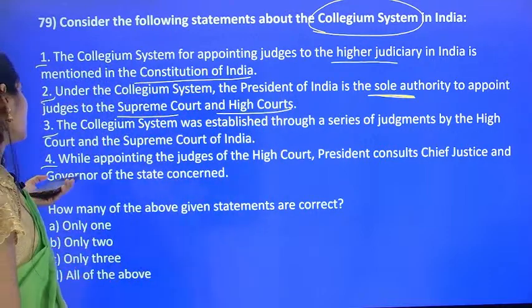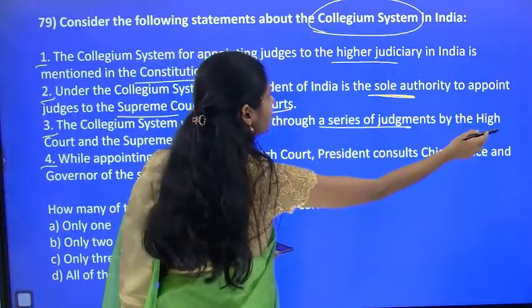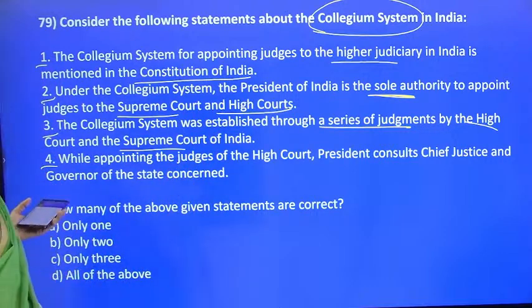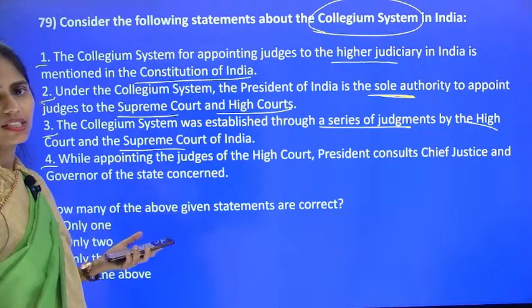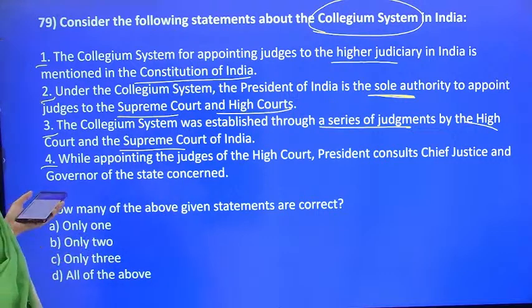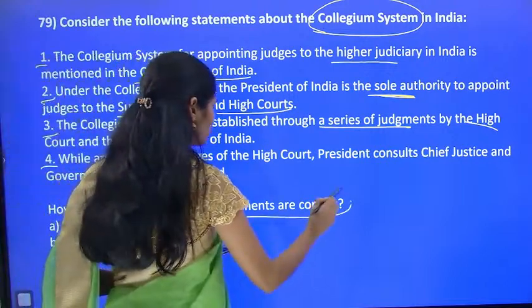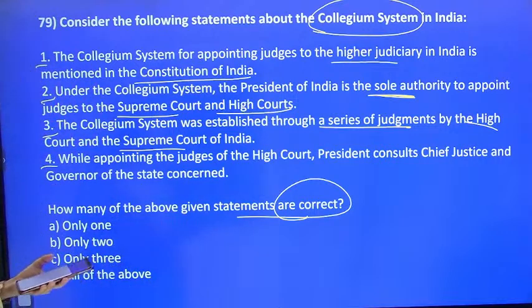And next one is, Collegium system was established through a series of judgments by High Court and Supreme Court of India. And next one is, while appointing the judges of the High Court, President consults Chief Justice and Governor of the state concerned. How many of the above statements are correct? Read these 4 statements and tell me which statement you find odd.